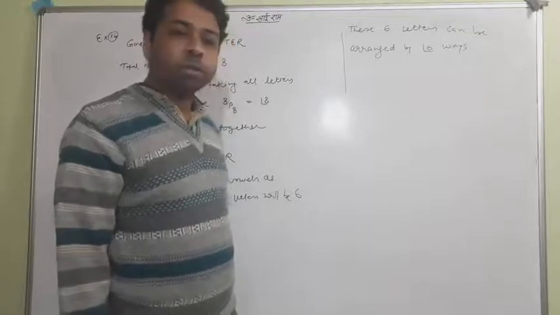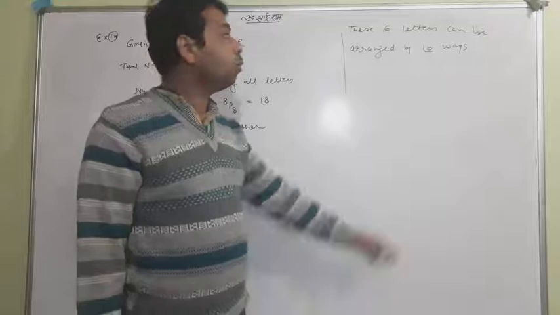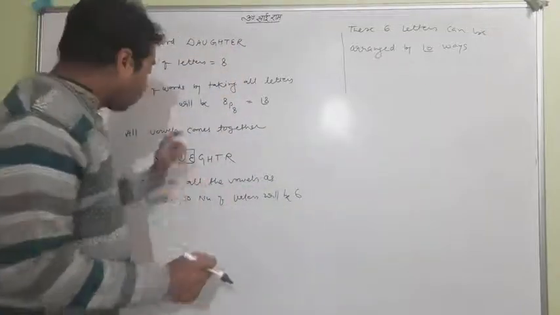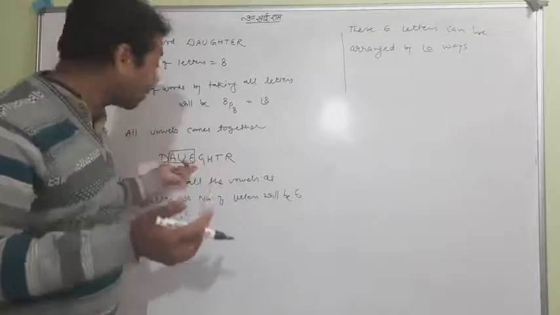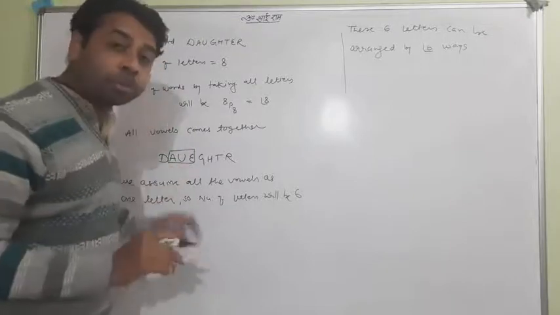So you please write directly. This is not the answer because you only found all those words where A, U, E were coming together. But what about the permutation of the letters A, U, E? It also can come as U, A, E. It also can be E, A, U or something like that.